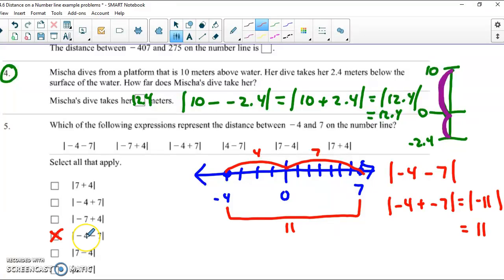So this is one way of showing that distance, but let's check these others out and see which of these others represent that same value of positive 11. So let's look at the absolute value of 7 plus 4. 7 plus 4 is 11, and the absolute value of 11 is 11. So this would also be equivalent.